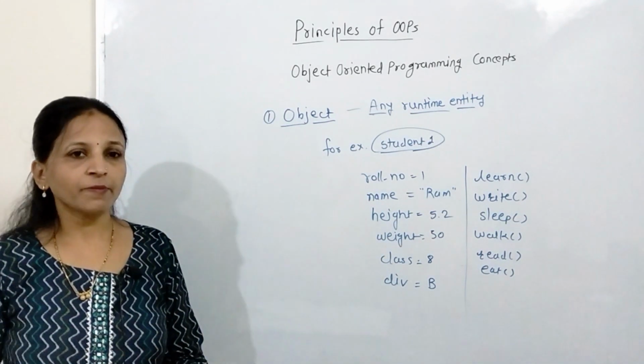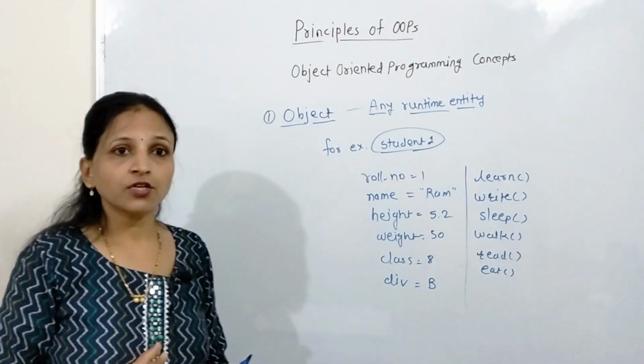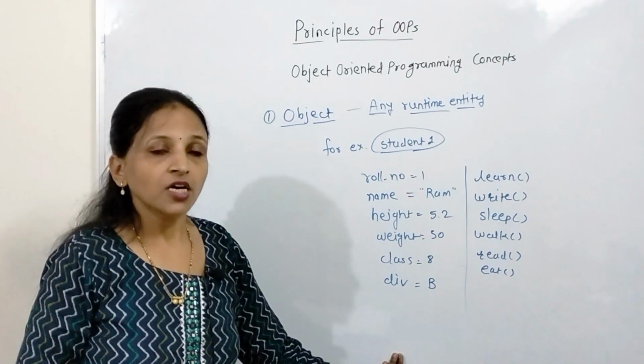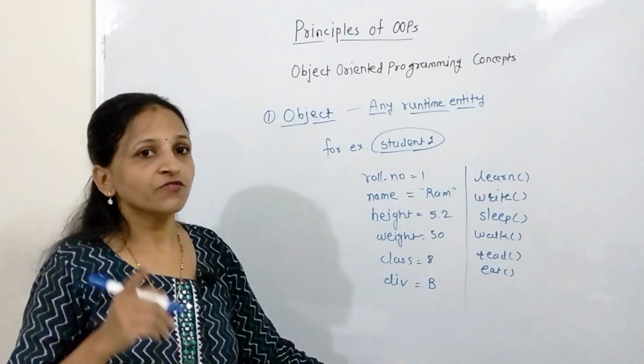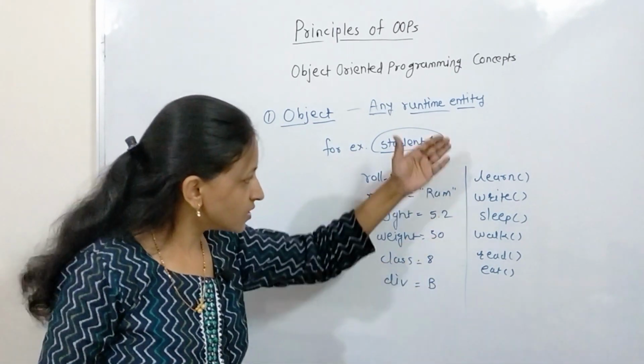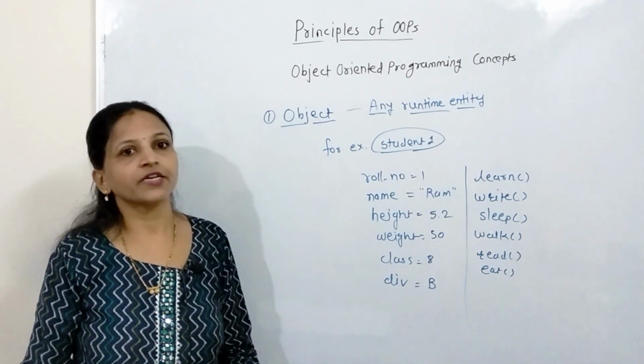One more functionality may be there, like we can calculate result of that student if that student is having some marks attributes. Getting? This type of functionalities we will consider while writing programs. We will not consider these type of functionalities while writing program.